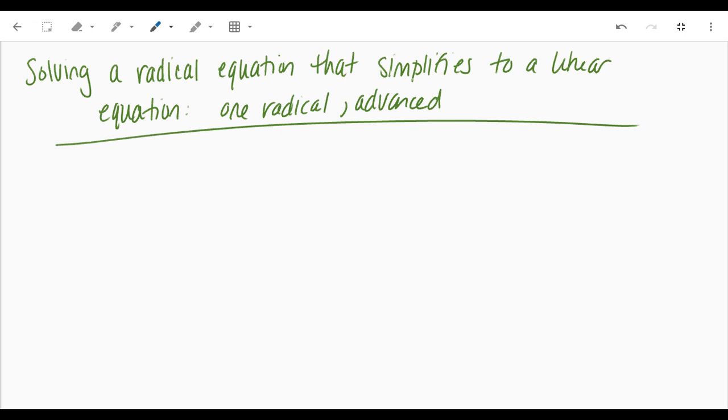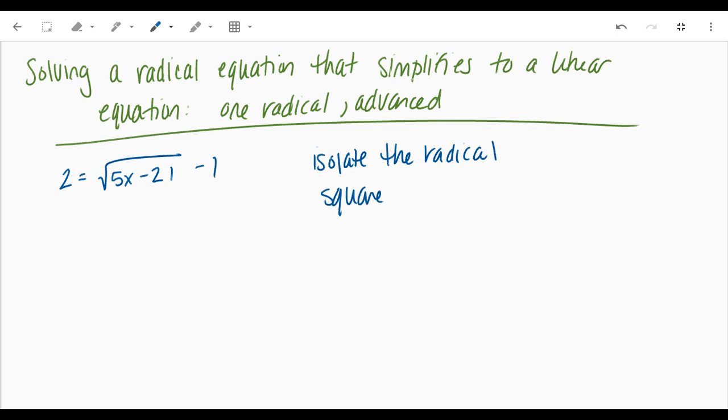We have something like 2 equals the square root of 5x minus 21 minus 1. Okay, so we've got a radical in there. We want to get the radical by itself. We're going to isolate the radical so that we can square both sides.